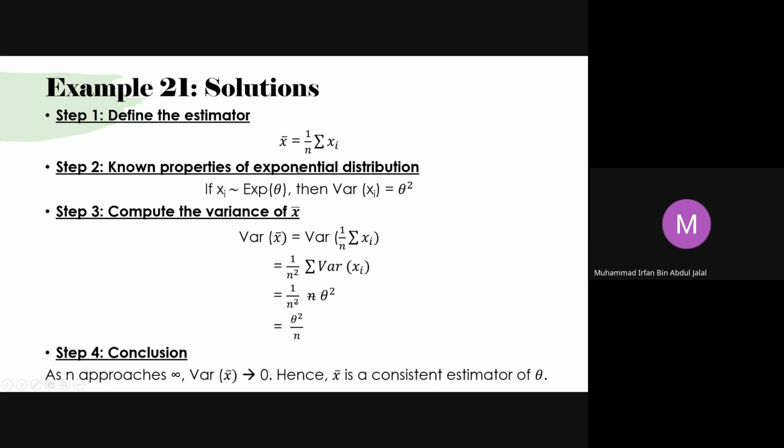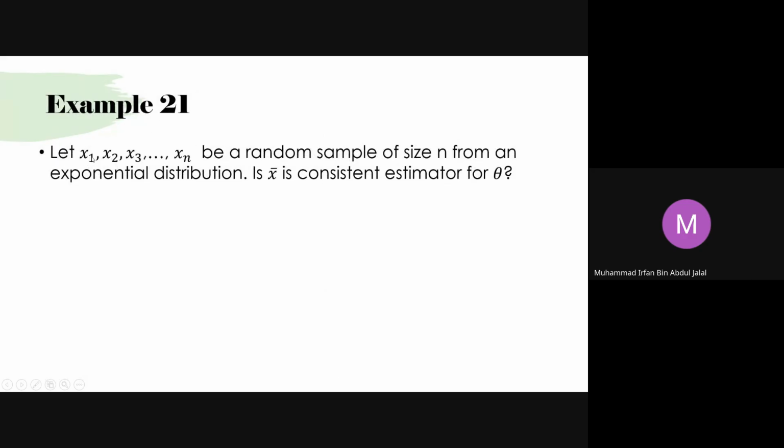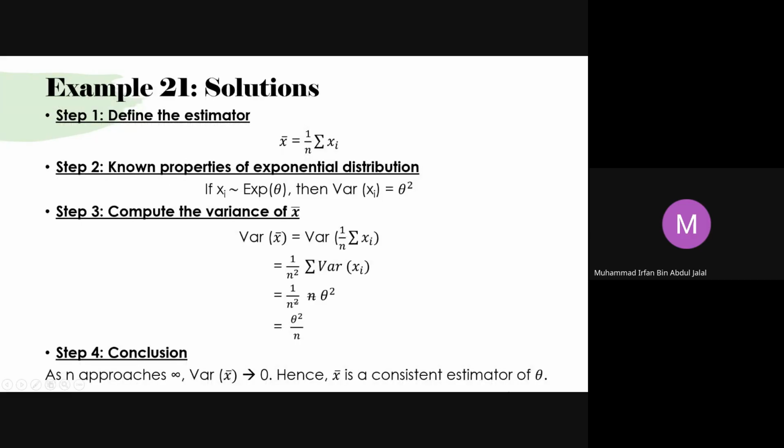Okay, this is one important thing. Since we assume that x1, x2, x3, until xn are IID, meaning identically and independently distributed random variables, the variance of the sum will be equal to variance x1 plus variance x2 plus variance x3 plus variance x4 until variance xn.